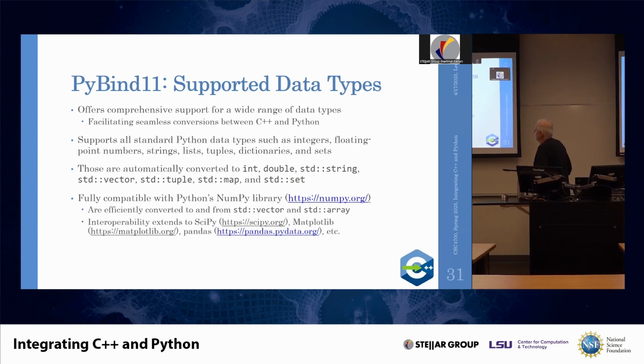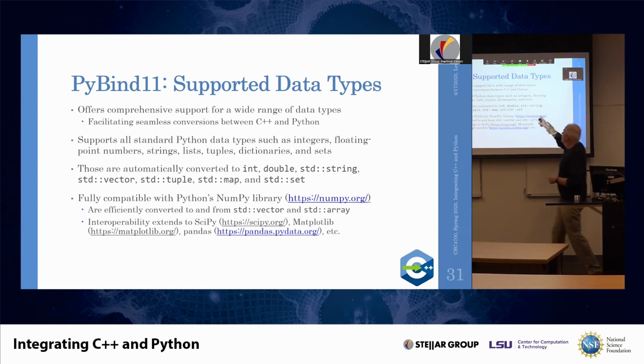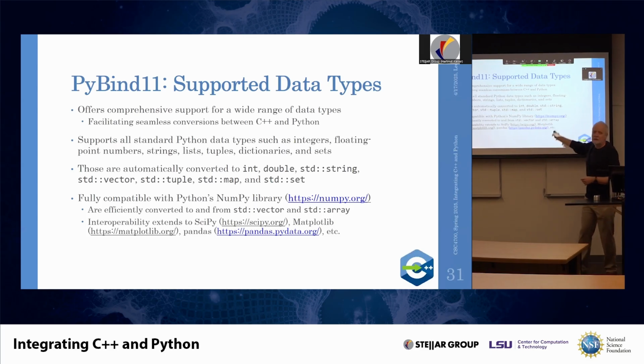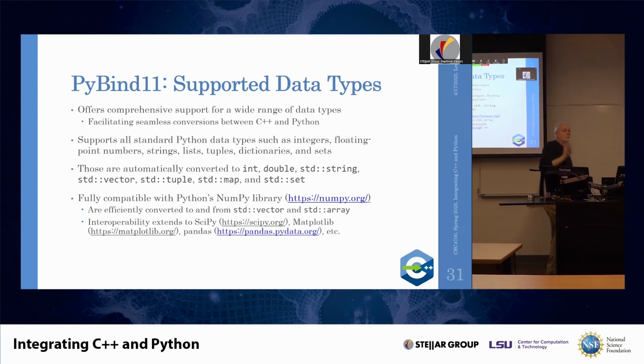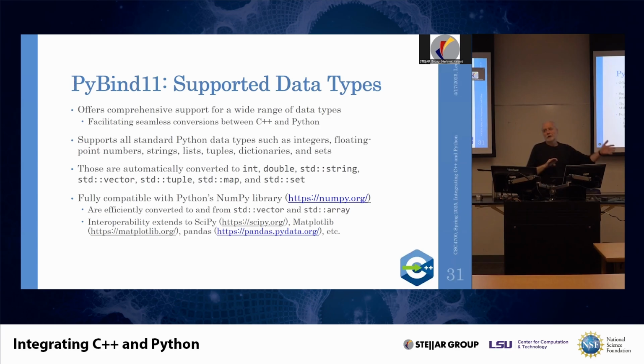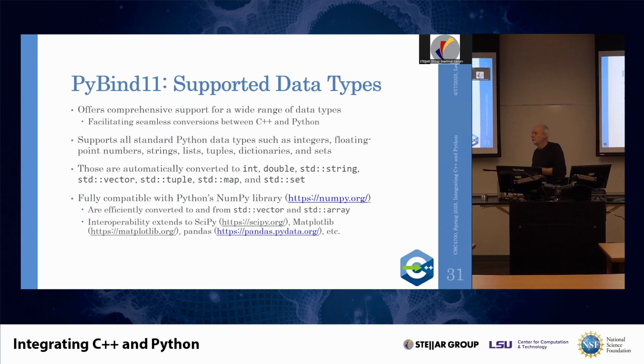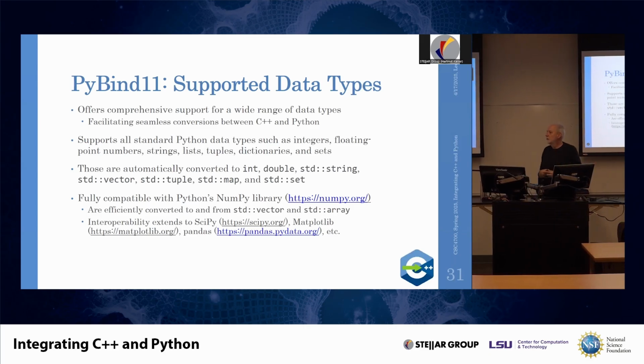On the other side, the STL data types like std::string, vector, tuple, map, set are exposed to the corresponding types on the Python side as well. So a vector is mapped onto probably a list. A tuple on the C++ side is probably mapped onto a tuple on the Python side, and so on and so on.